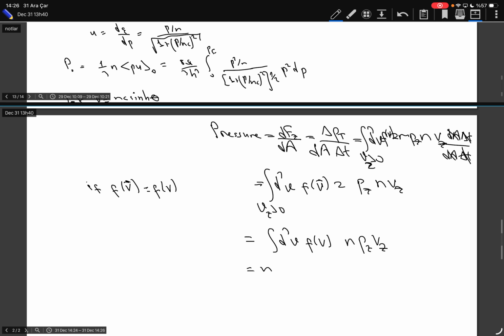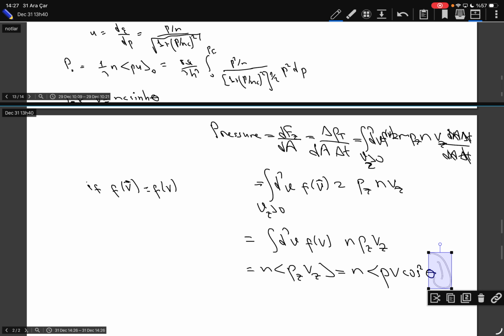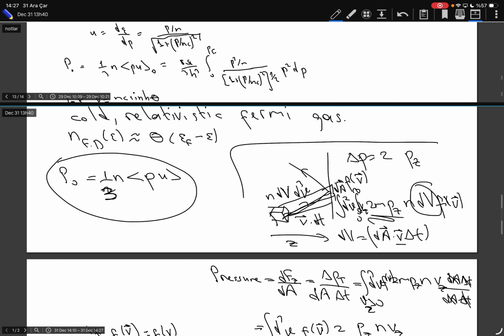This is nothing but n times the average of Pz Vz, which is n times the average of Pv cosine squared theta. And the average of cosine squared theta is where we get this 1/3. So that is how we get this pressure of my system.